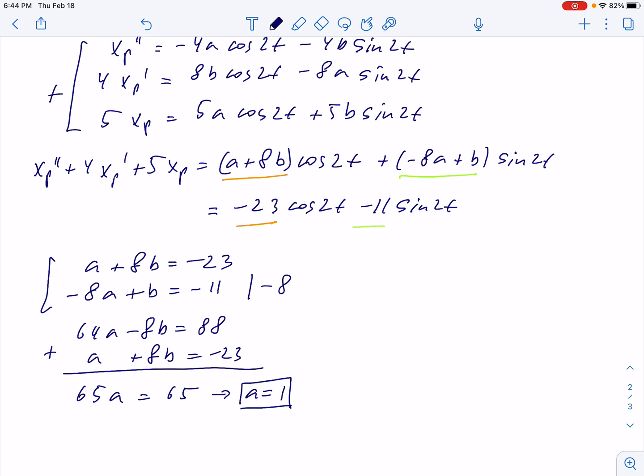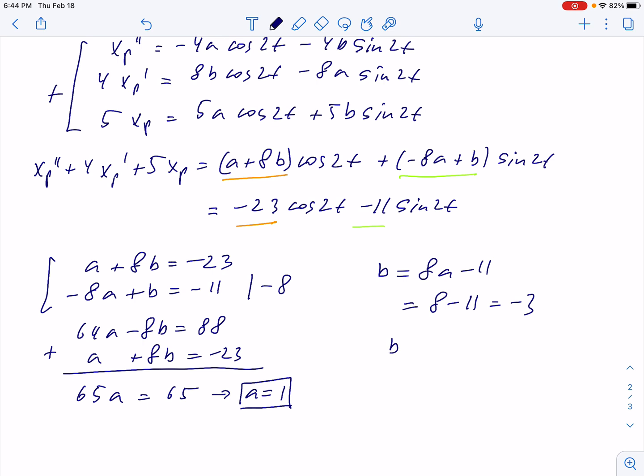Then to find b, we can use one of these two equations. For instance, the second equation here, b will be 8a minus 11 from the second equation. And we know a is 1, so b will be 8 minus 11, which is negative 3.